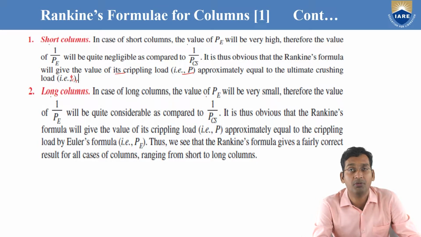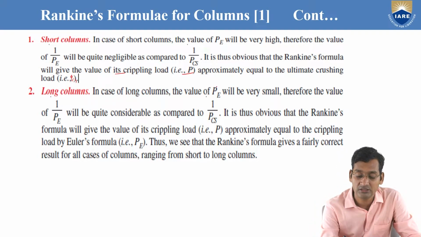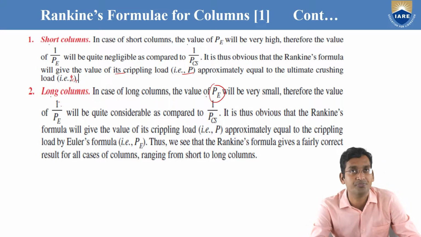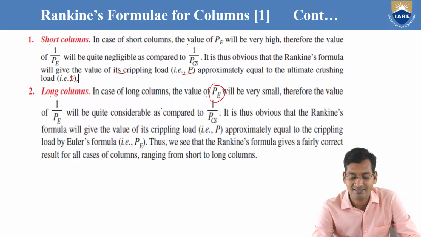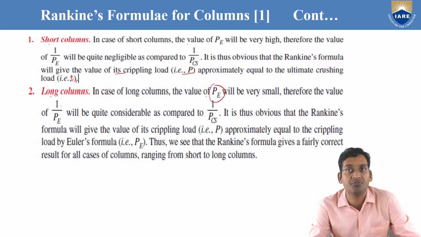For a long column, what happens? In case of a long column, the value of P_E will be very small, that we had already seen, so 1 by P_E will be very large, quite considerable as compared to 1 by P_CS. So here the 1 by P_E value will be bigger compared to 1 by P_CS. It is thus obvious that Rankine's formula will give the crippling load.